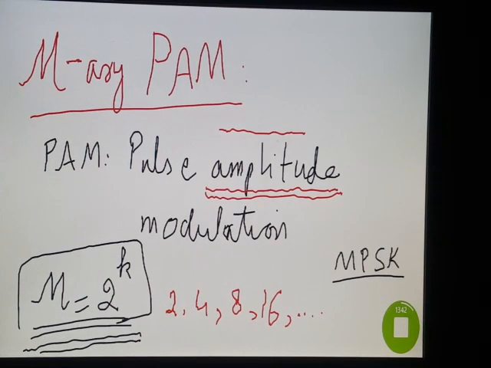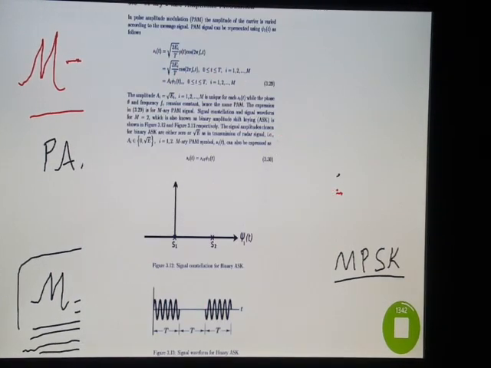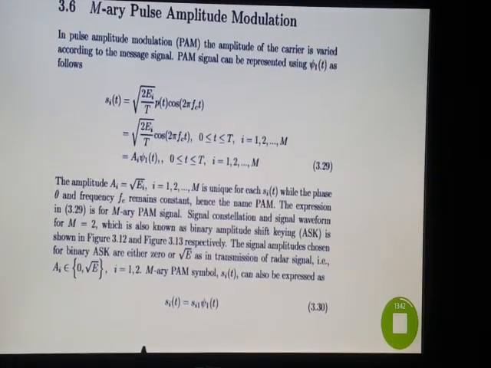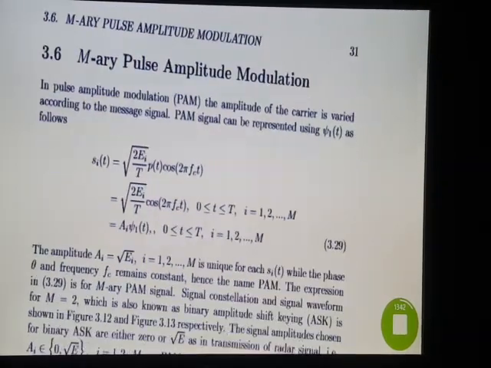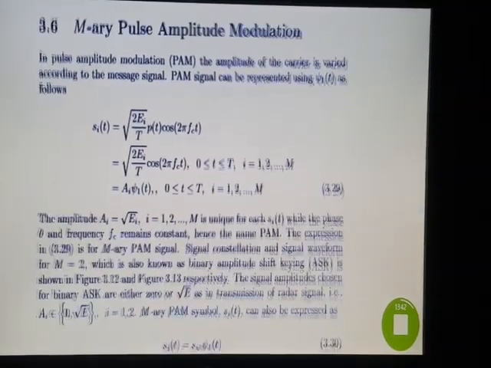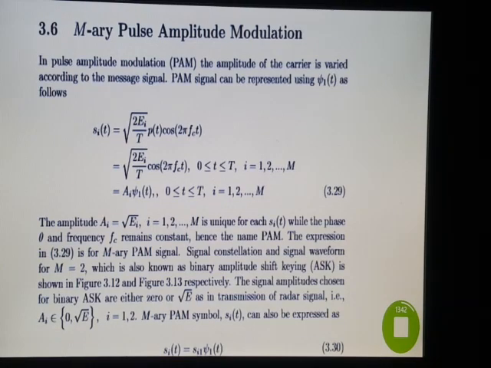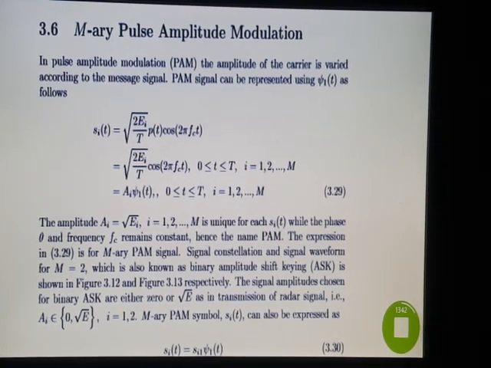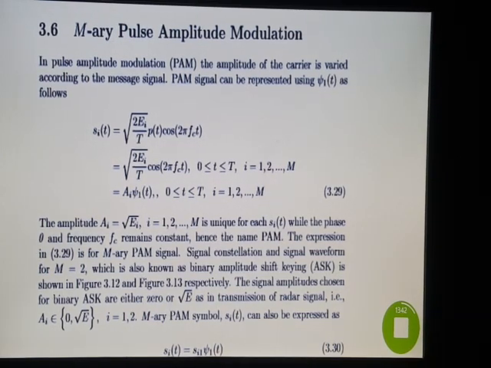So let's start the M-ary PAM signaling scheme. Let me read it out so that we try to understand every line here. M-ary pulse amplitude modulation. In pulse amplitude modulation, PAM, the amplitude of the carrier is varied according to the message signal.